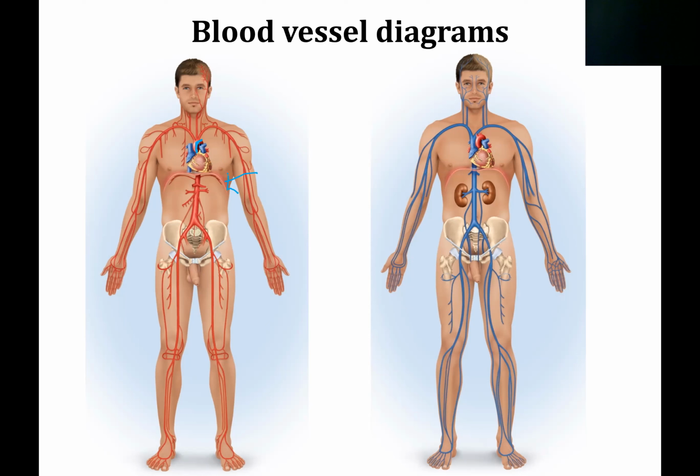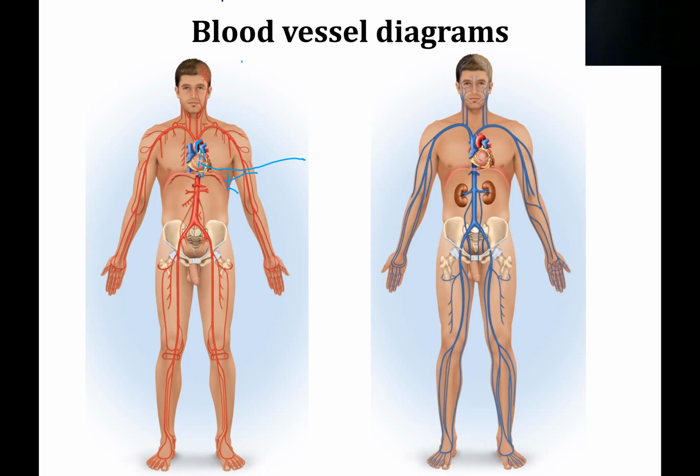So it's going to make a U-turn and go behind the heart until it passes through the diaphragm. It's the thoracic aorta, so you'll need to put some dotted lines and connect it to this aorta. It's named for the body cavity it's in.